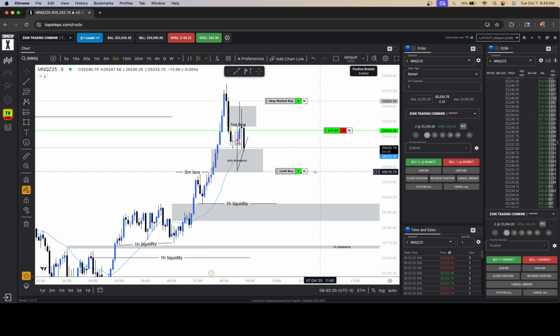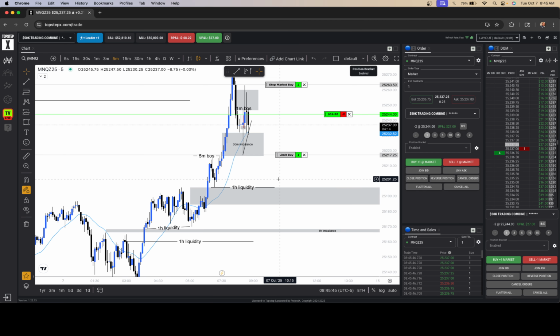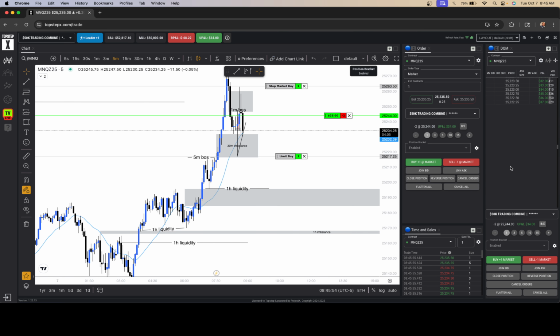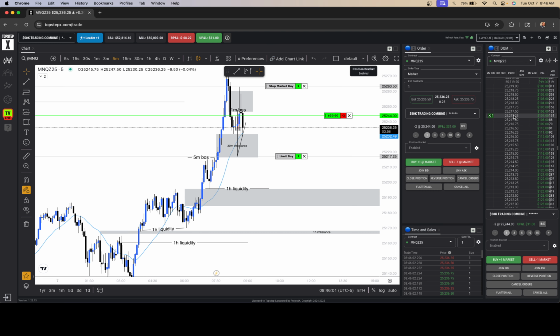I think if I have both buy limits here, it will. But I kind of want to have one a little bit lower in this leg. Let me see how much this would actually be if I take off both positions. It'll put me about $30 up. So this may put me close to break even.